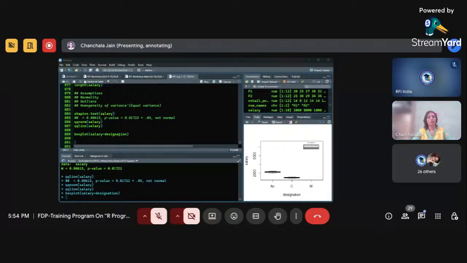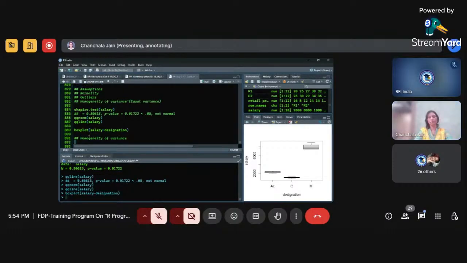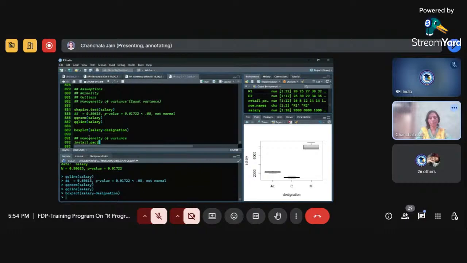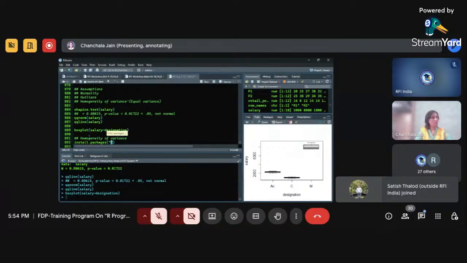Fine. Now for the next check, which is related to the homogeneity of variance, you need to install a package named car.